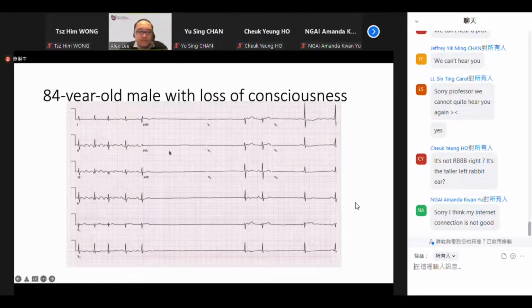Is there any P wave there? No. So if there's no P wave, what is the rhythm? Junctional rhythm. Do you see any QRS complex? No. Do you expect to see a QRS complex if there is a junctional beat?